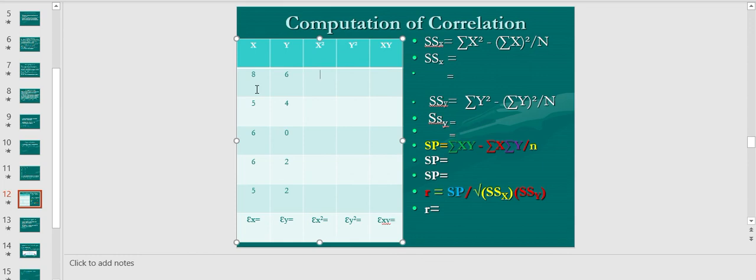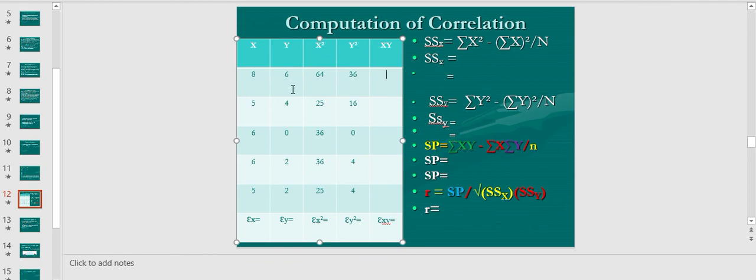The first value of variable x is 8 and its square is 64, then 25, 36, 36, and 25. We will also take the square of each value of the y variable: 36, 16, 0, 4, and 4.